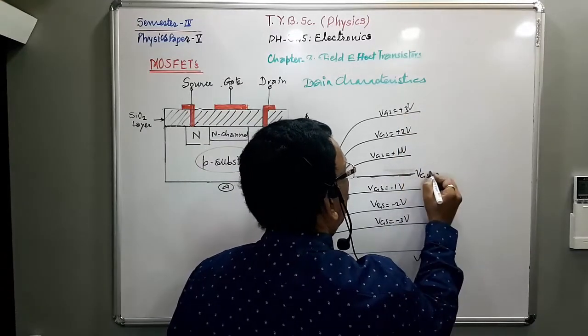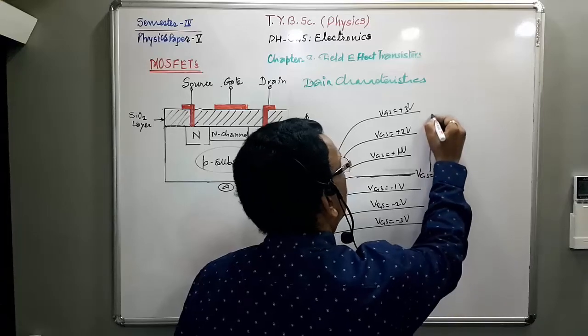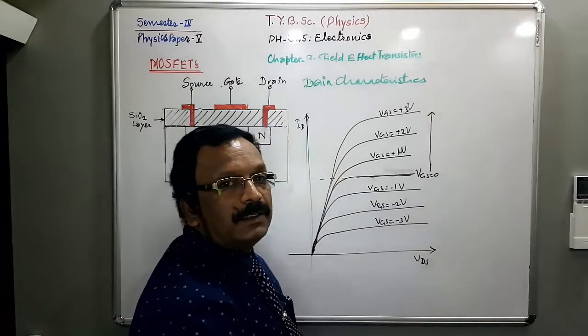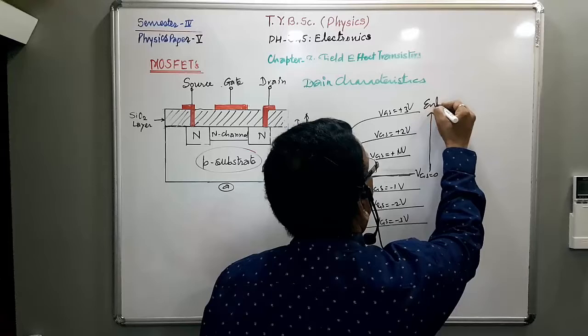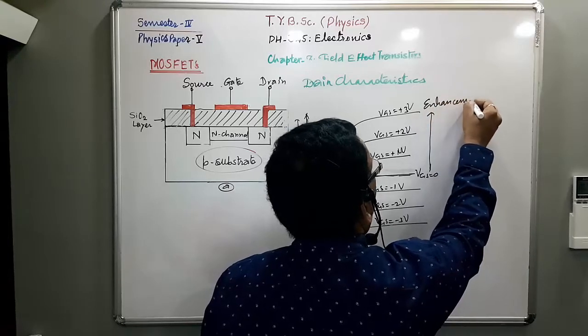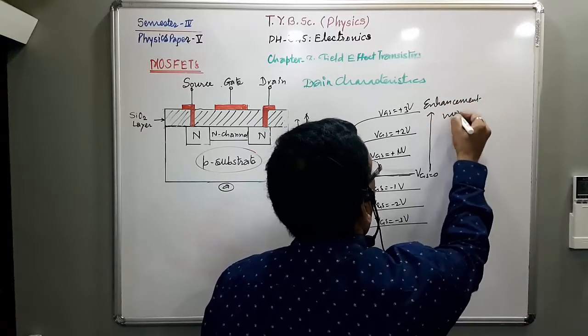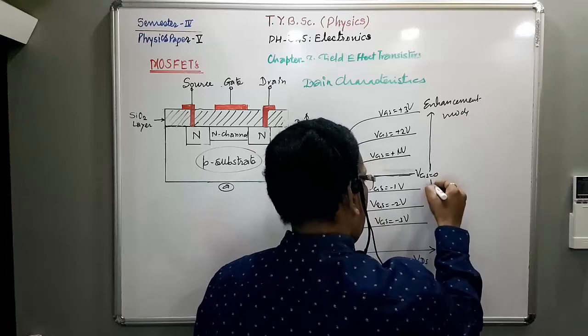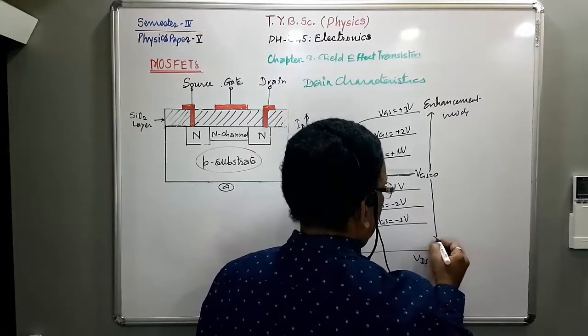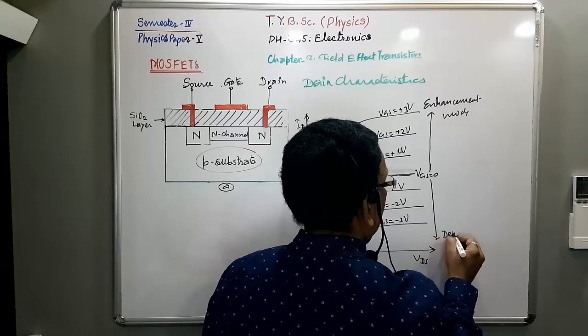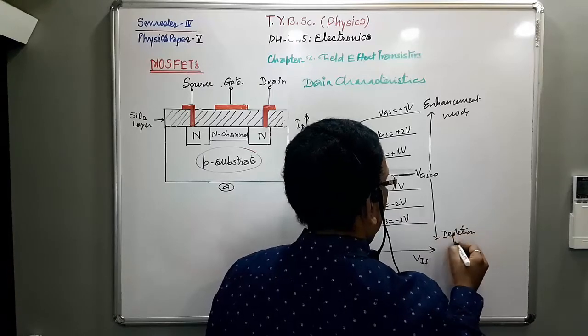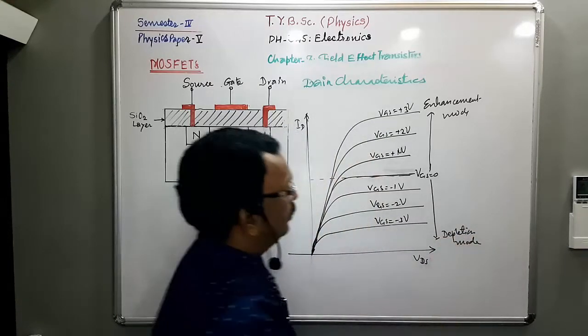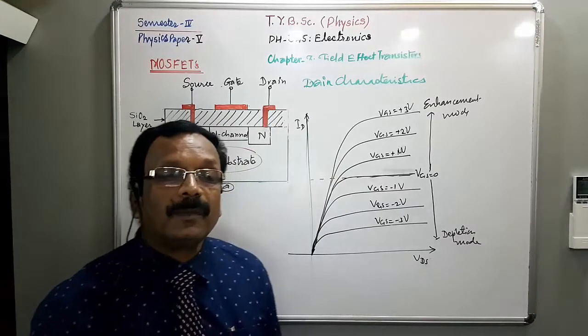When we are moving from VGS to positive value, this is the enhancement mode. And when we are moving below this, this is the depletion mode. Have you got it? Okay.